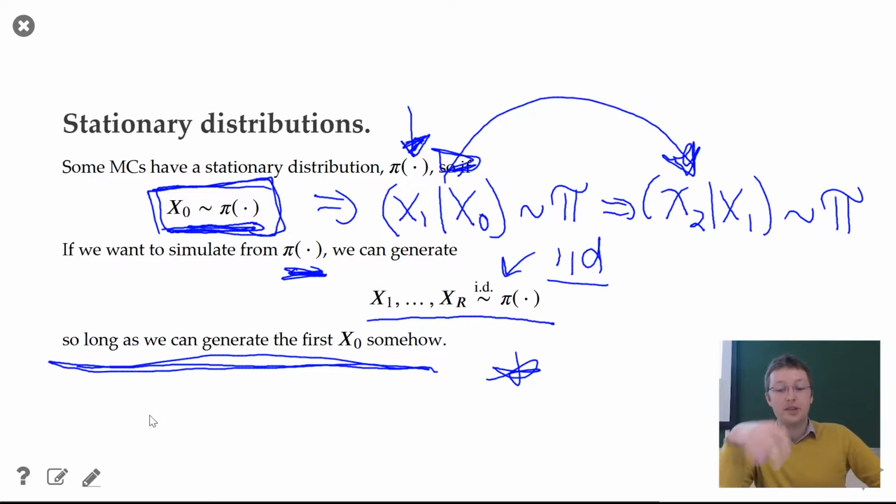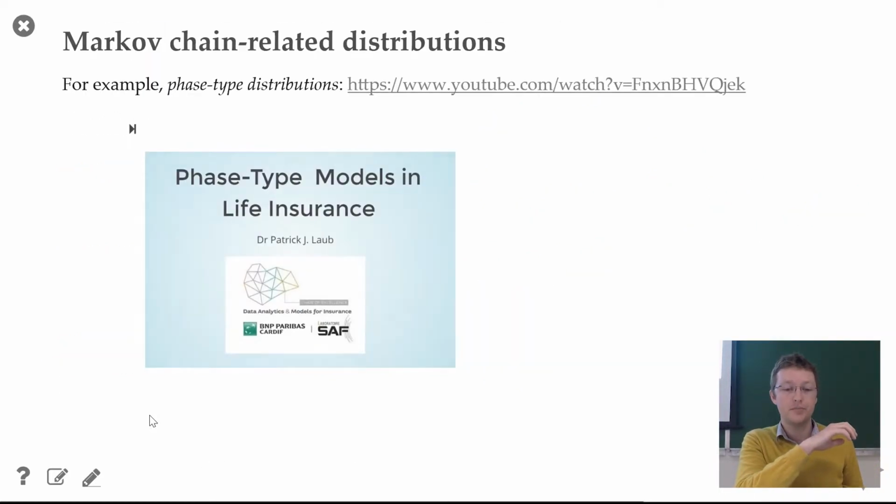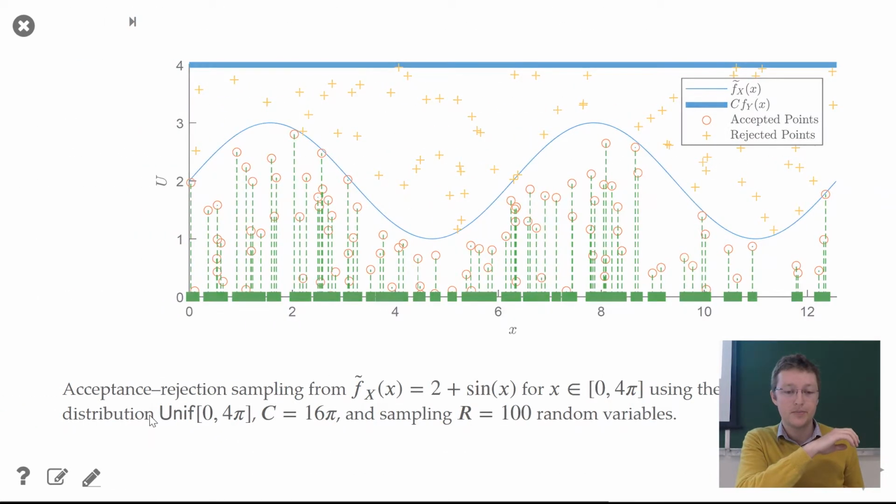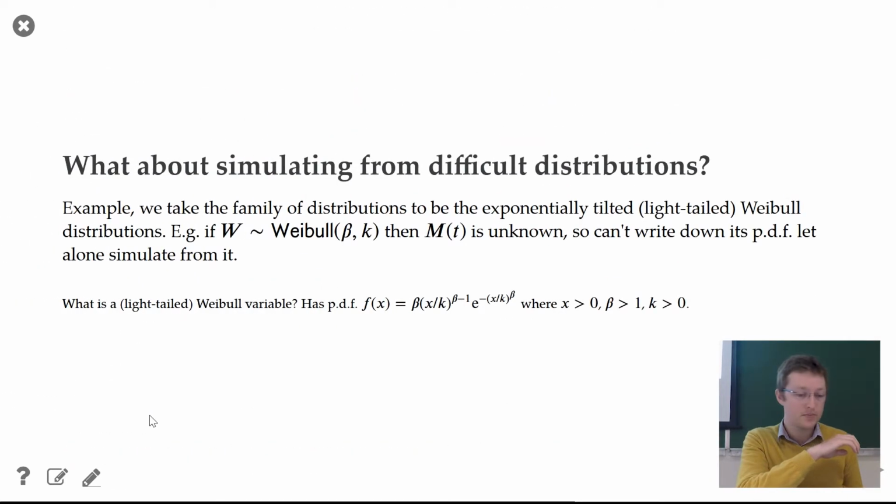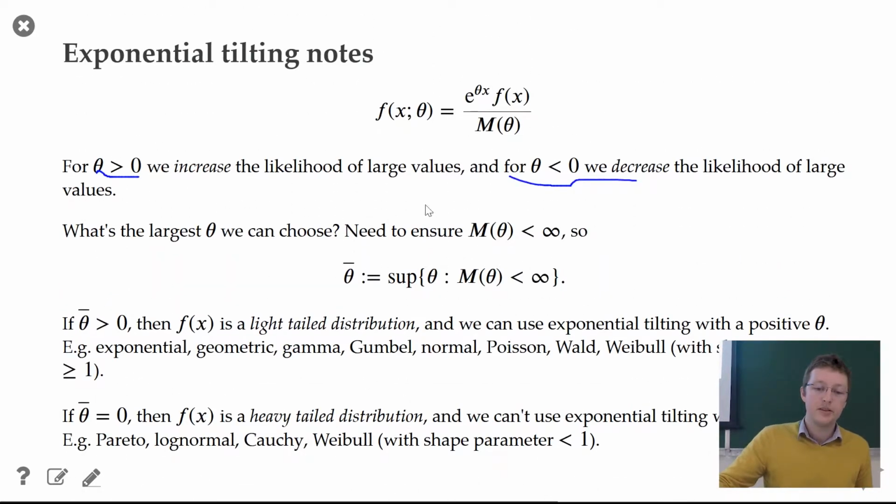So all you need to know is pi up to a scaling constant. Just like with the exponential tilting, if you had a really weird distribution, like a Weibull distribution, and you do this exponential tilting on it and want to simulate from the exponentially tilted Weibull, you can't actually calculate what this m theta at the bottom is.